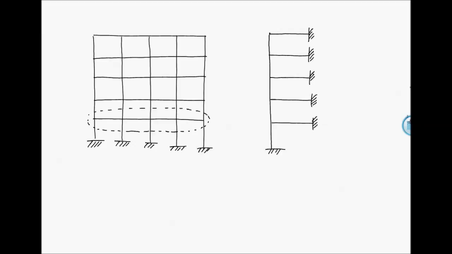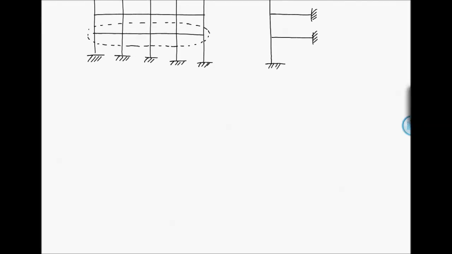Then, knowing the shear diagram, we can determine the axial force on the column by equilibrium at the nodes. So we will obtain, if this is the column, let's say on the beam at the top, we can obtain this shear diagram as an example, and also on the second beam.